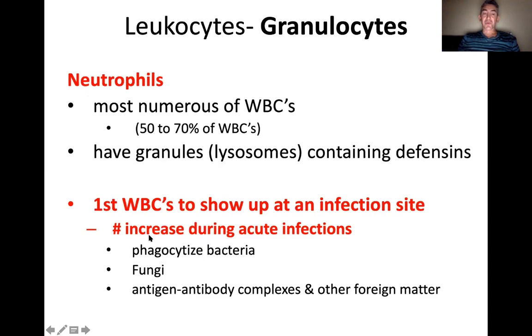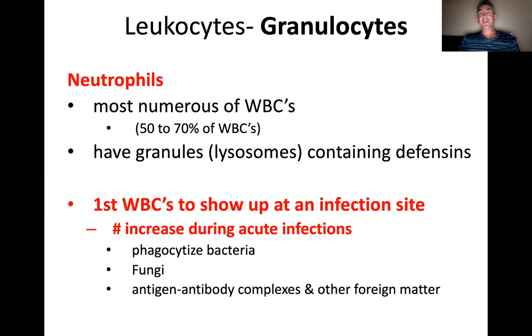They will increase in numbers during acute infections, acute being important here. They are basically our bacteria specialists. So they are very good at detecting, removing, and destroying bacteria. Obviously there's a lot of bacteria around, so makes sense.